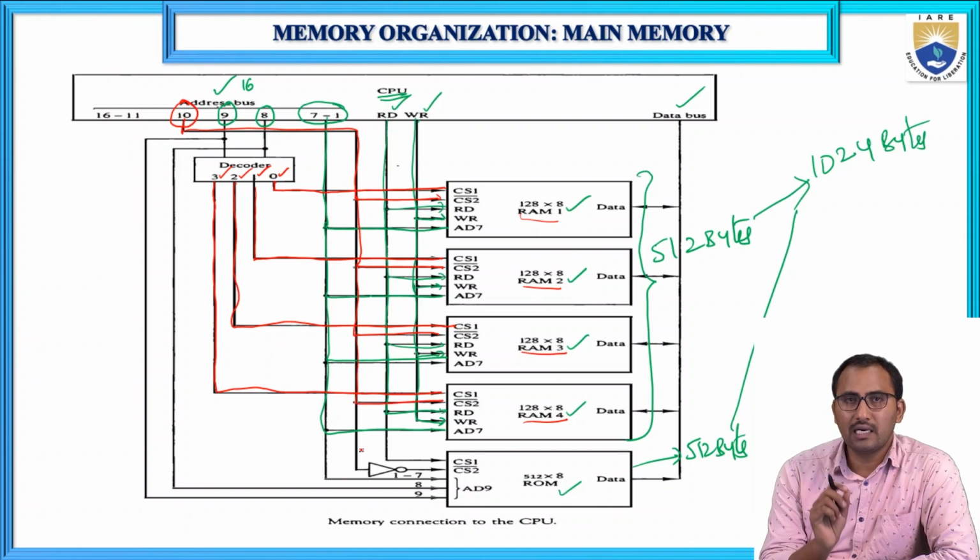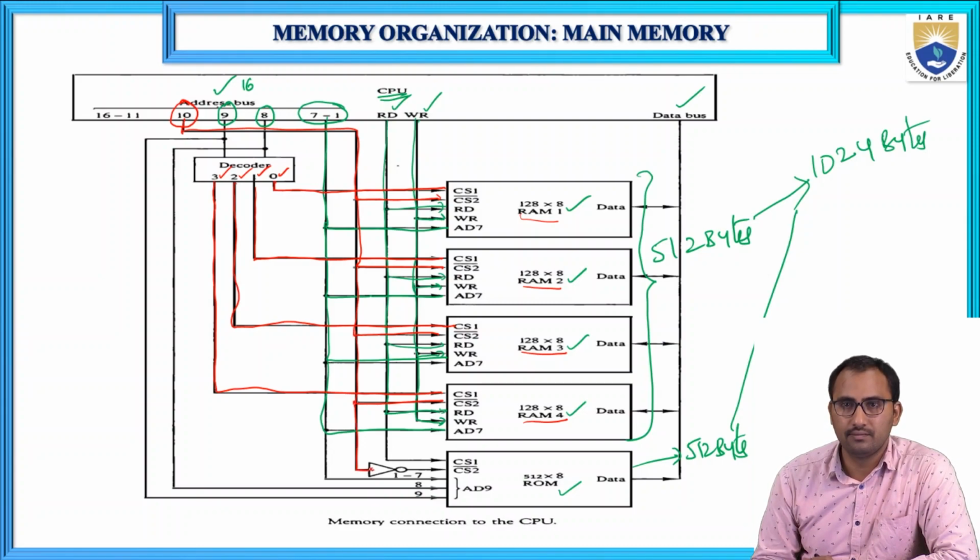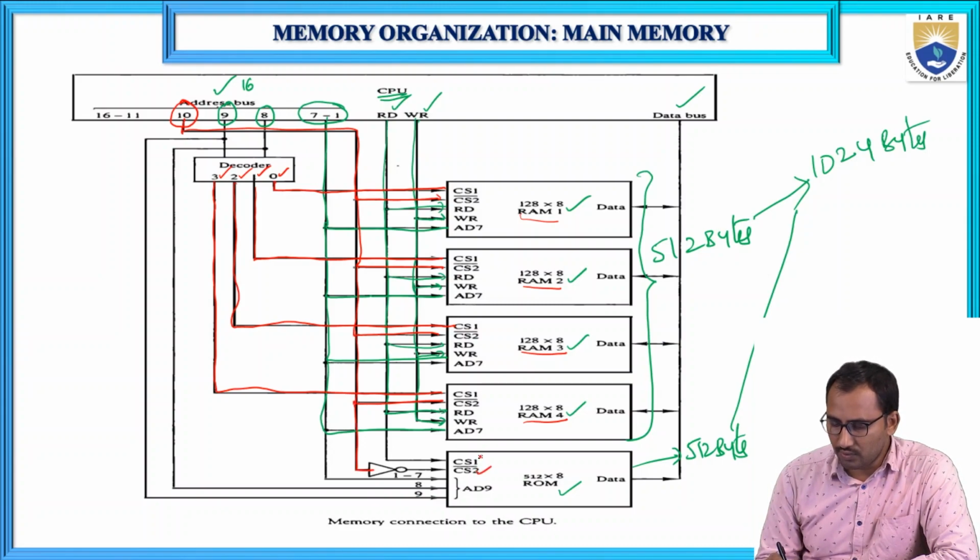But the 10th address line we apply to the ROM memory chip through the NOT gate. So now CS1 and CS2 are all clear.